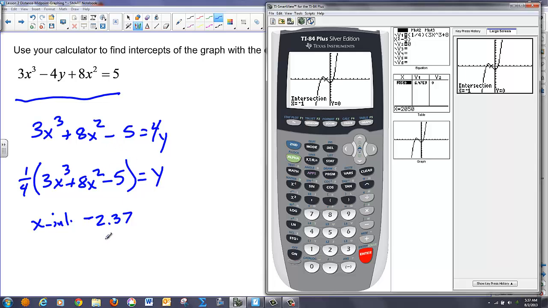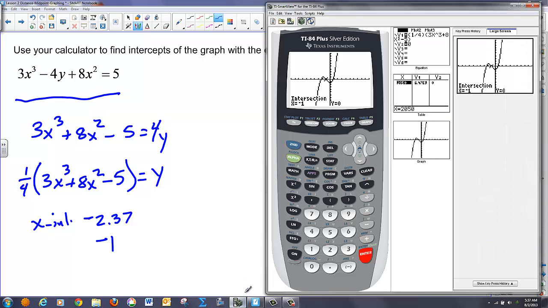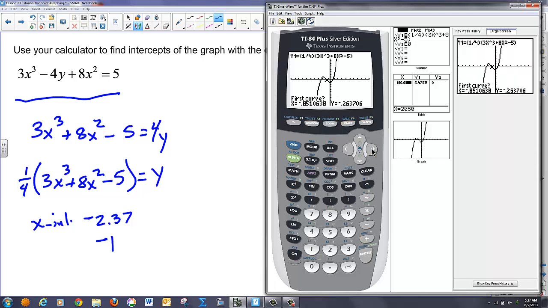So I'll put another one right here of negative 1. Let's find the third by again going second calculate and moving to intersect, getting the blinking dot to come over here and hit enter 3 times. And the last one is about 0.7.